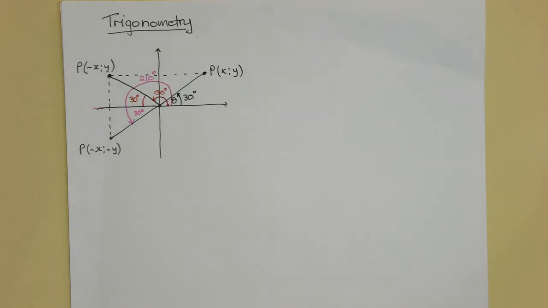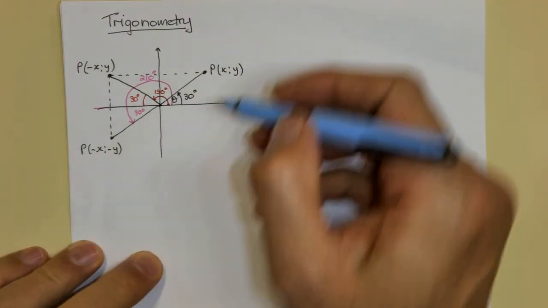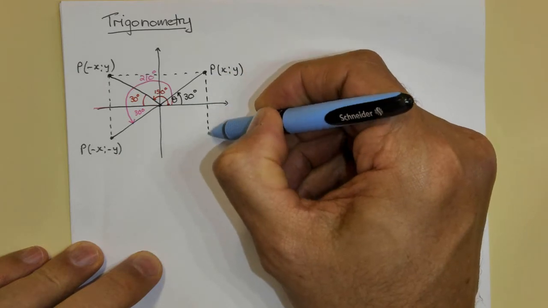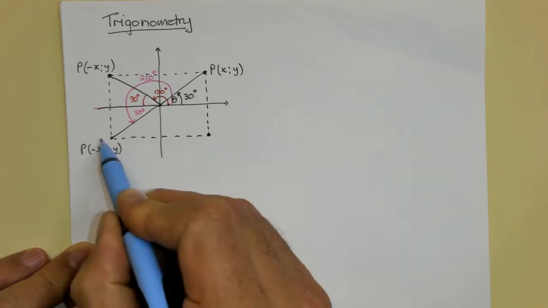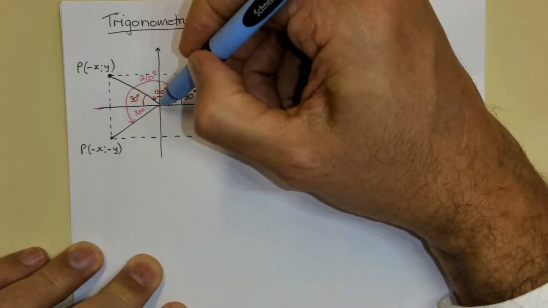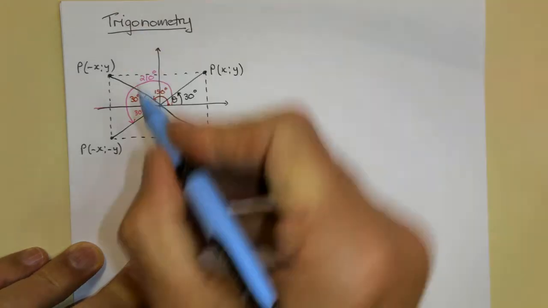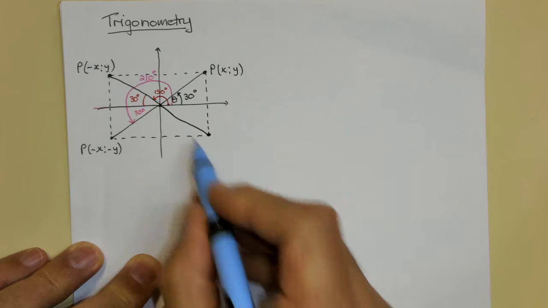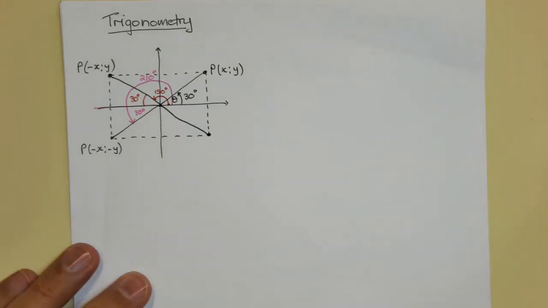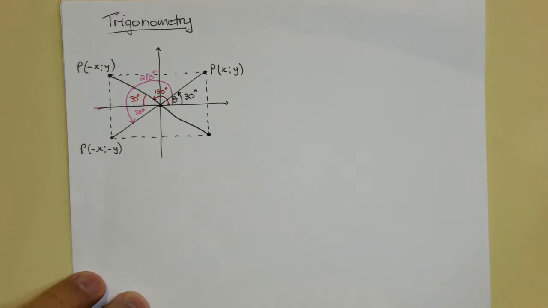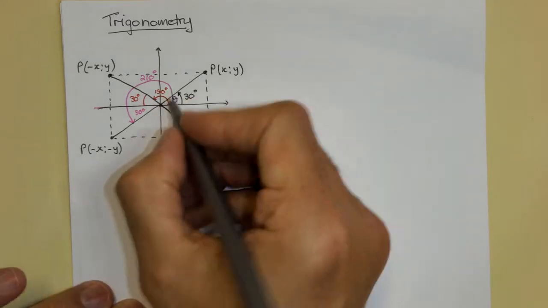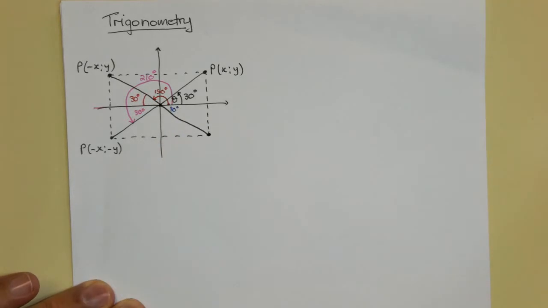If I look at the last reflection, and that will be the reflection of point P in this x-axis, I reflect it through the x-axis. It is now in this position, or I can think of it as a reflection of this point in the y-axis. But now again, if I join that line from here to actually form my angle, sorry, it looks a bit wobbly, but then I can see again it's a situation where I've had this triangle over here reflected in the x-axis, so my little angle 30 over here is again appearing.